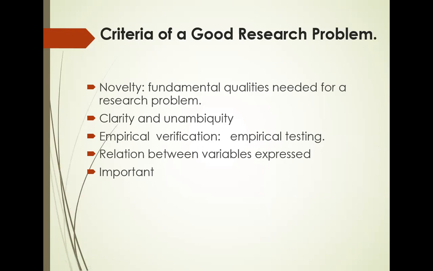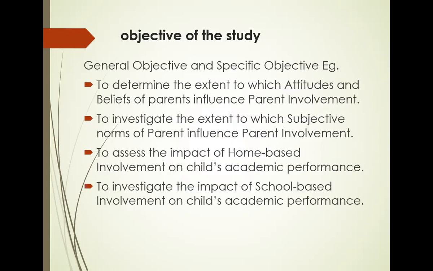There should be evidence of what you are talking about, and evidence that you can test it empirically. Then the relationship among the variables should be expressed. And the research problem itself should be important and relevant. Okay, good.